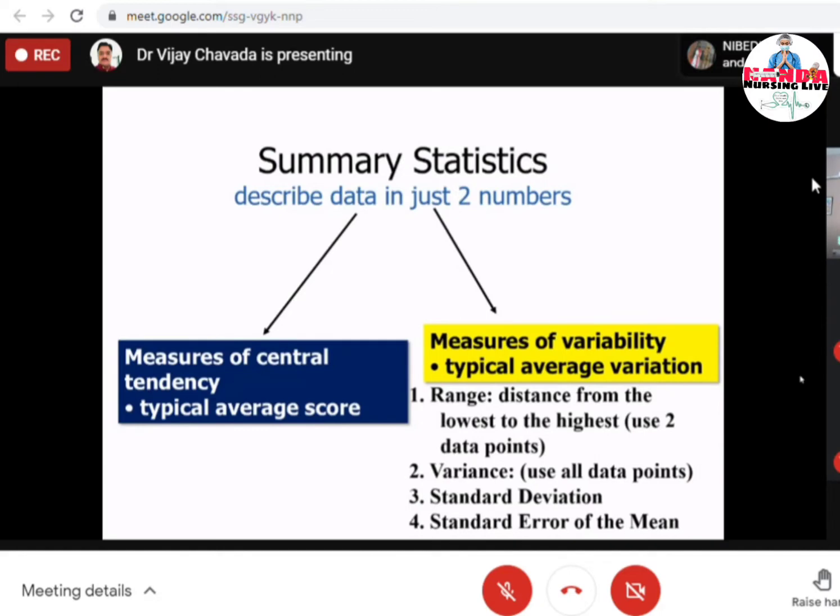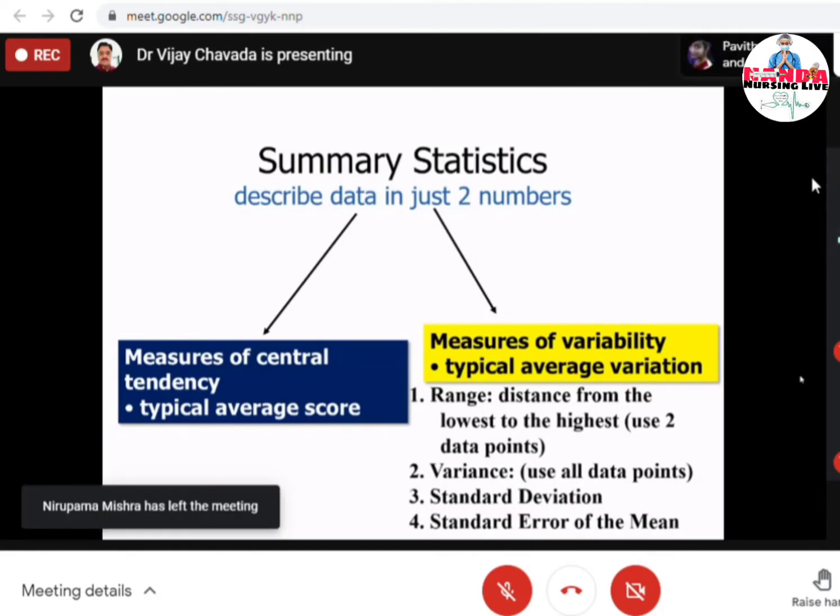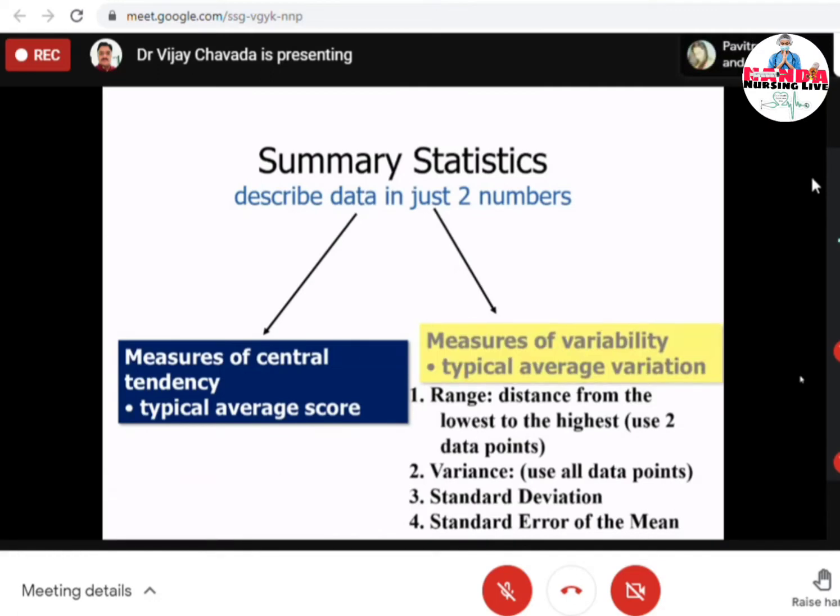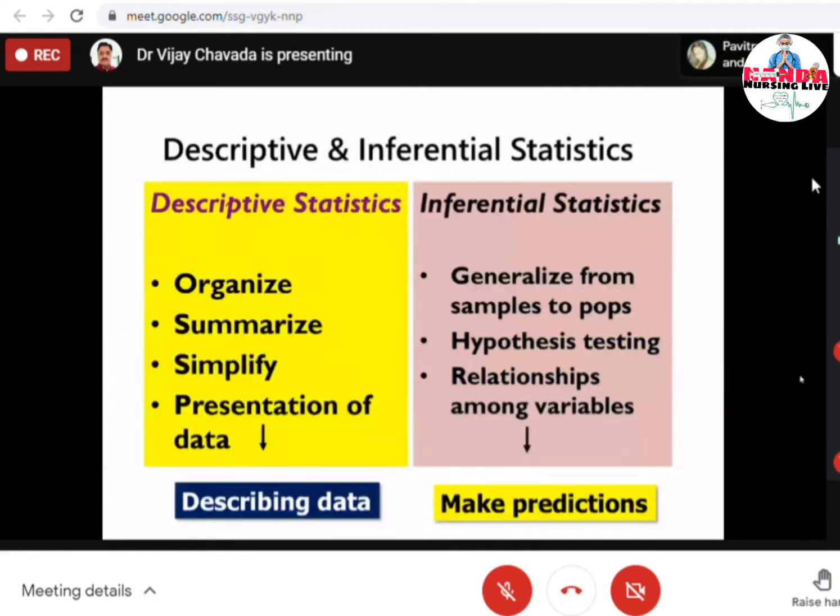The difference between them is called the range. Second is variance. Third is the standard deviation, and fourth is the standard error of mean. These are very important to understand, right from range. Range is the difference between minimum and maximum.